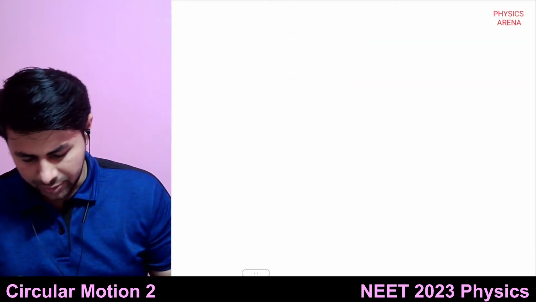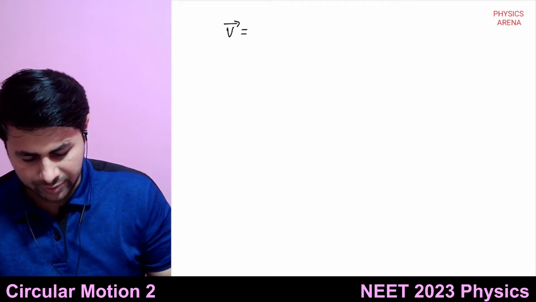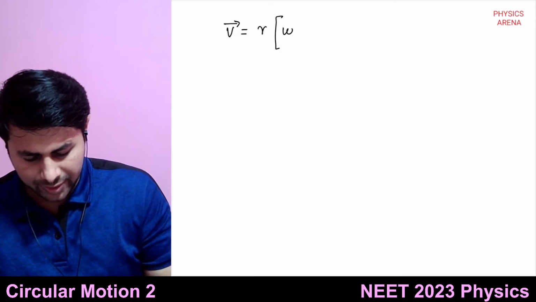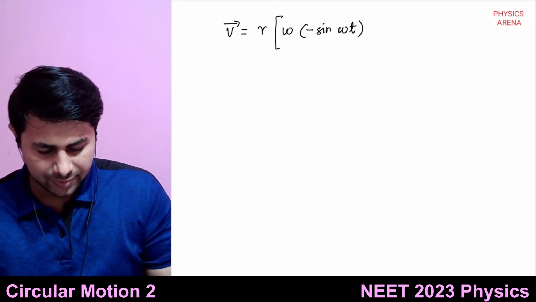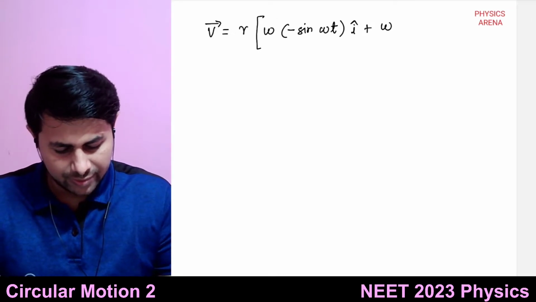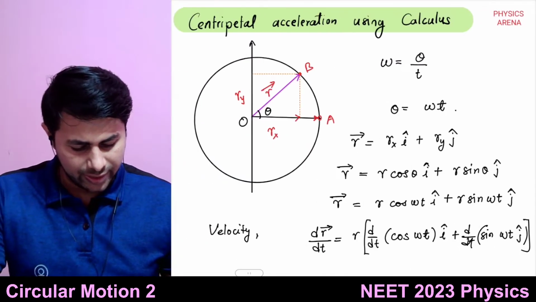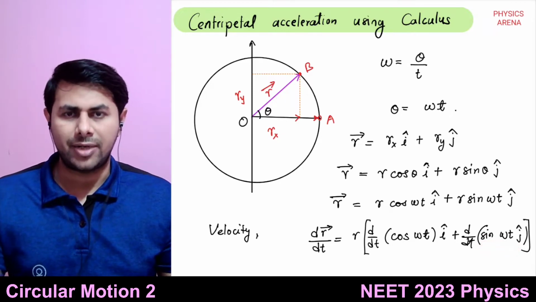So you get dr bar by dt or v bar is equal to r multiplied by omega multiplied by minus sin omega t into i cap plus omega multiplied by cos of omega t. So it is derivative of what? Sin of omega t is cos of omega t multiplied by omega.